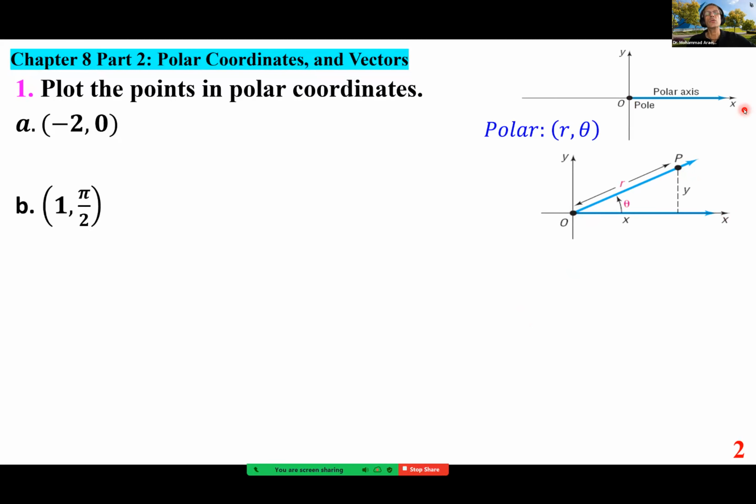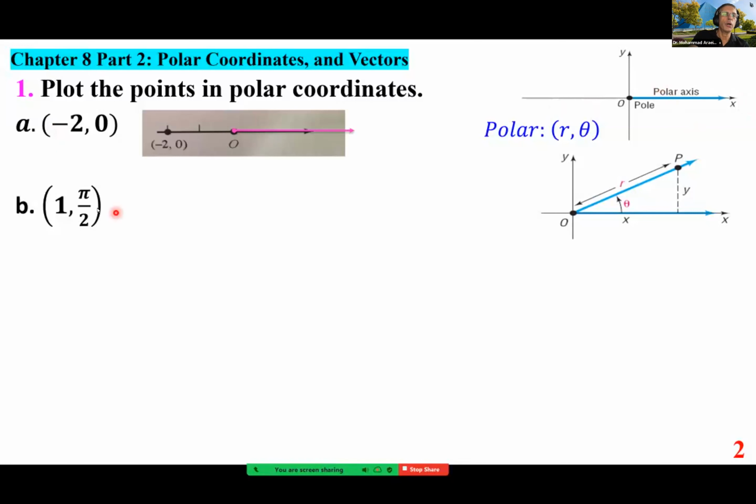So what we do, we start with the angle theta. 0 is the angle, so it's along the positive side of the x-axis. When it's positive, you take mark 2 on the right side. When it's negative, 2 on the left side, because it's negative.